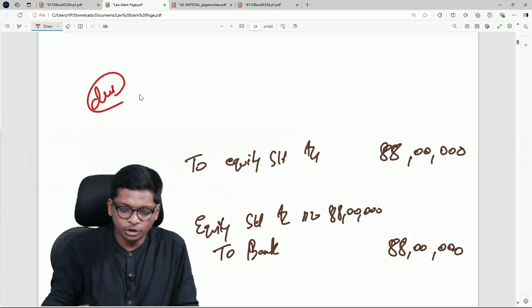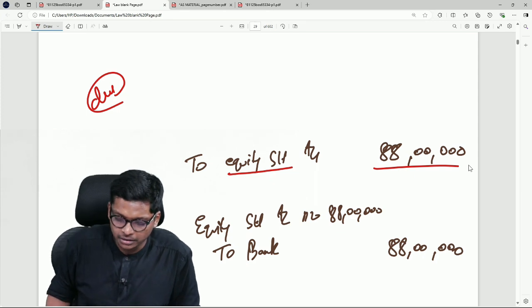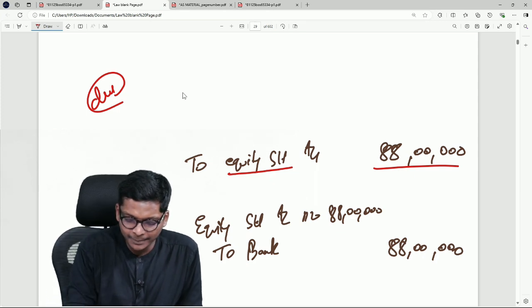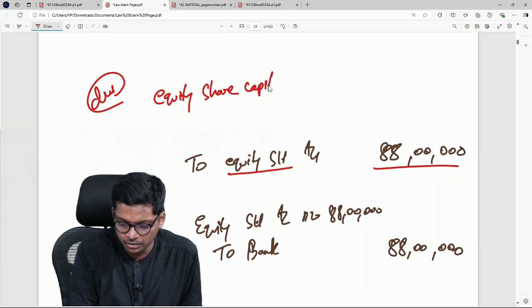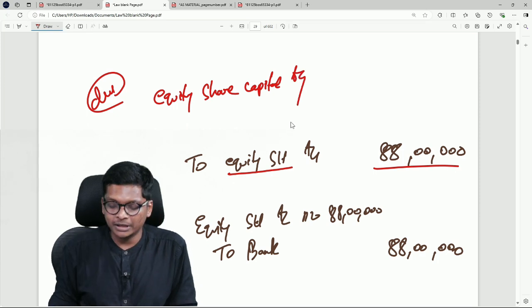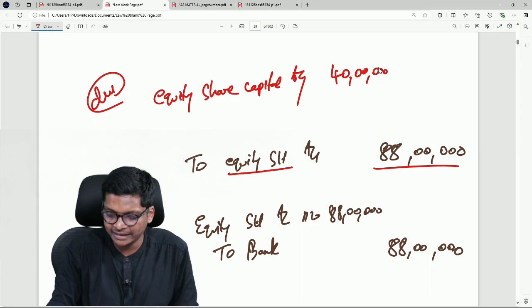I have to pass the due entry. To equity shareholders 88 lakhs, but in this I will debit my equity share capital face value only, which is 40 lakhs I will debit, guys.